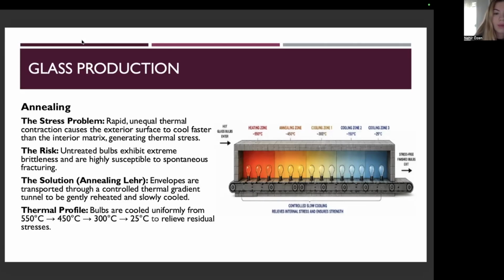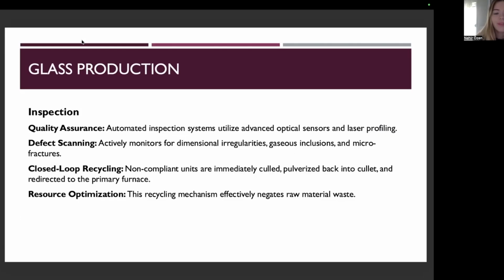Following a strict thermal profile, bulbs are cooled uniformly from 550 degrees Celsius down to 25 degrees and completely relieve residual stress.